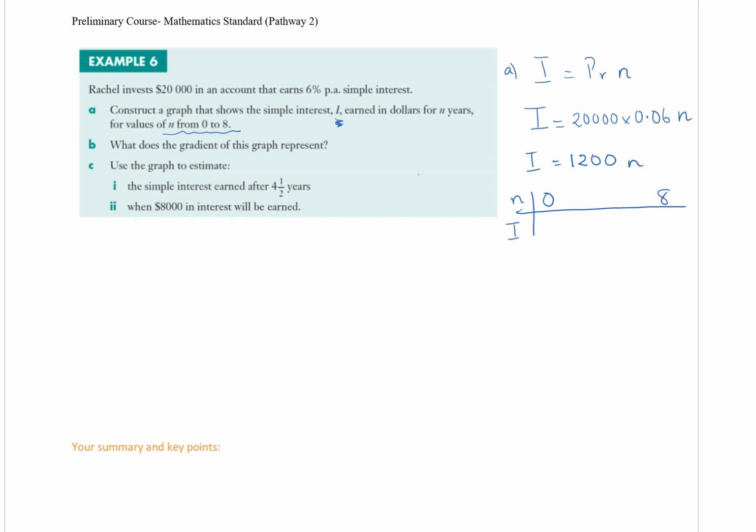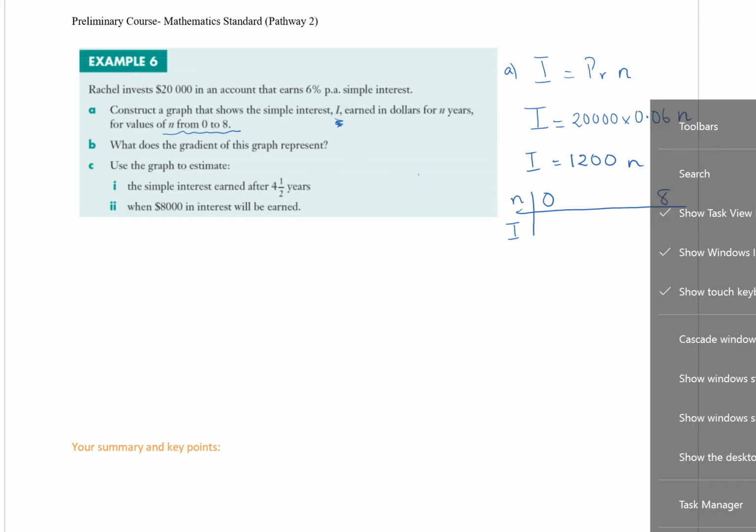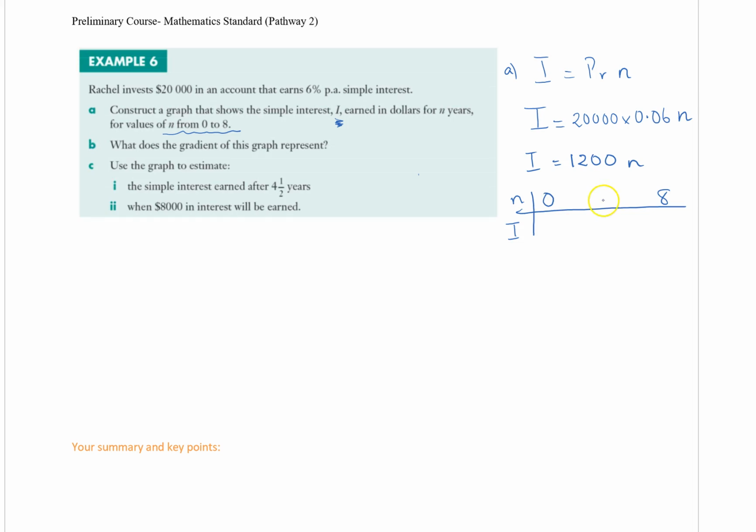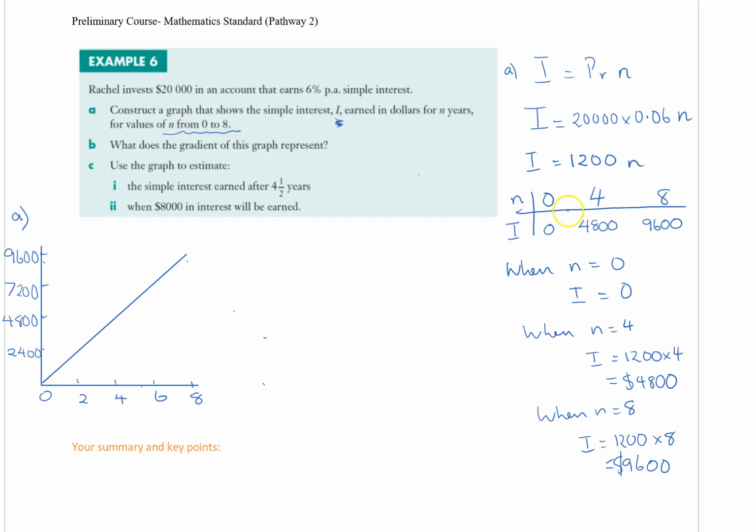When we get to choose the values that go in the table, we know that we only really need 3. So we could choose 0, 4 and 8 and go about calculating I for each one of those and add them to the table. I'll pause the video and do that. So you can see now that I've completed the table. To get all of these values in the table, I used the formula that I created.